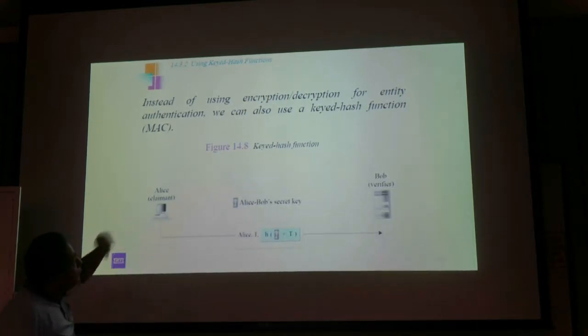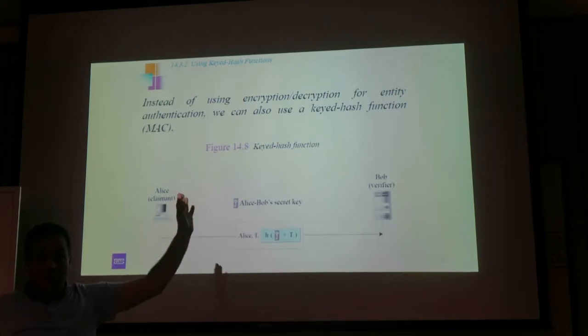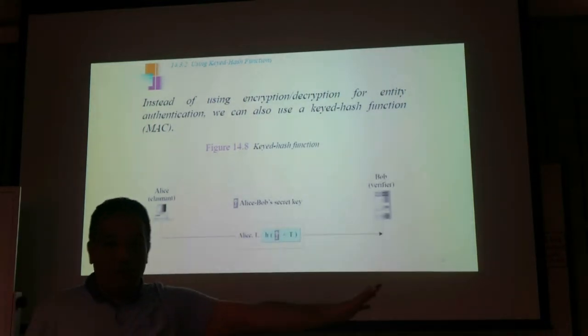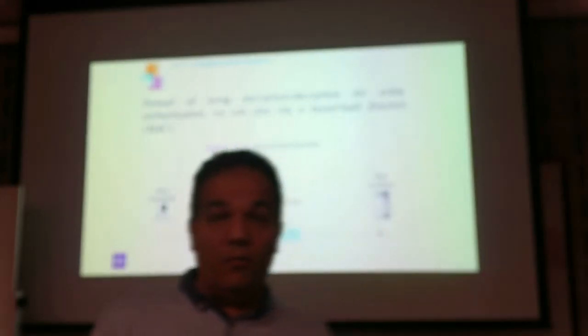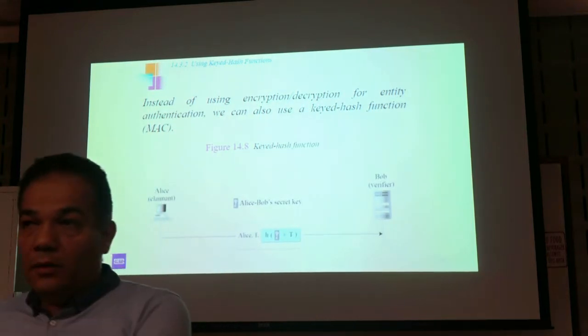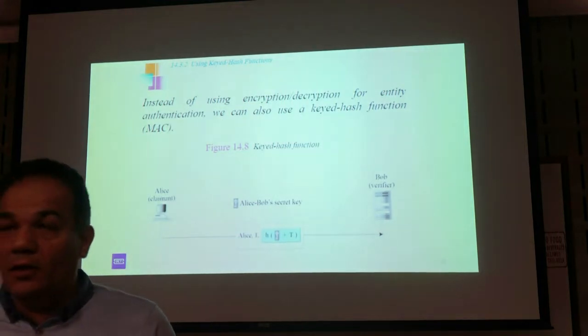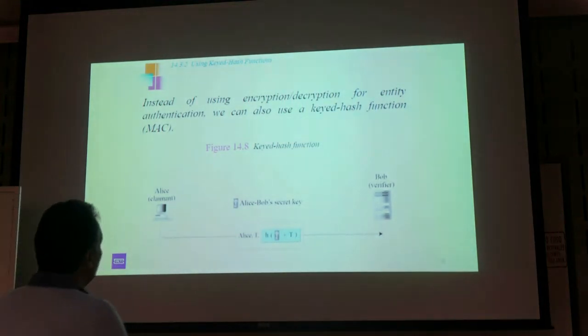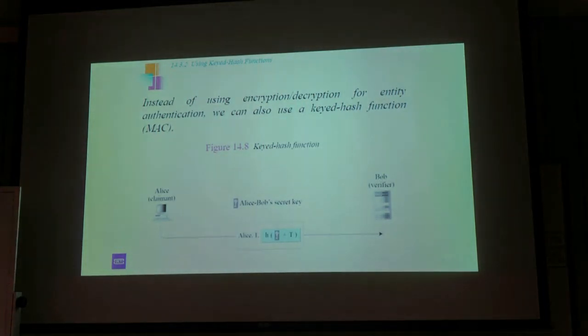Instead of using encryption and decryption for authentication, they have to share the key. Encryption and decryption need processing time, so it's not as fast. How about we don't use public, private encryption, decryption for authentication? We could use only a keyed hash function, like a MAC.